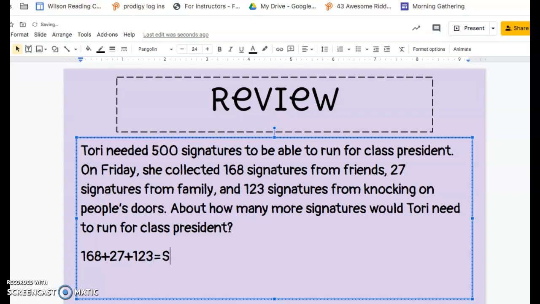That's going to get me how many signatures she received. I'm going to estimate these numbers to find an answer close to. 168 is close to 170, 27 is close to 30, and 123 is close to 120. When I added those three numbers up, I got 320 signatures. 320 signatures is the amount that Tori received.